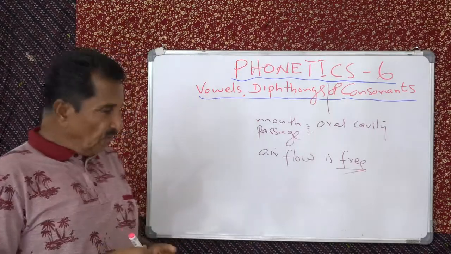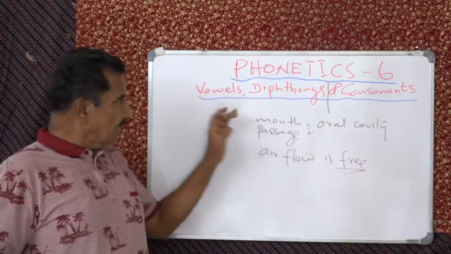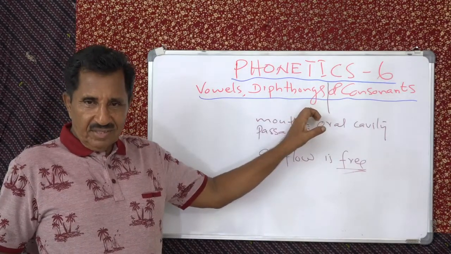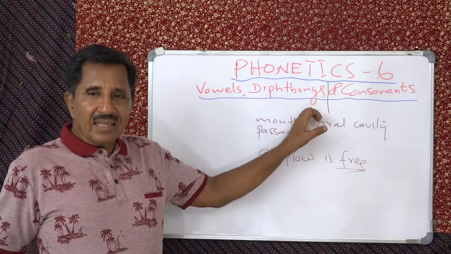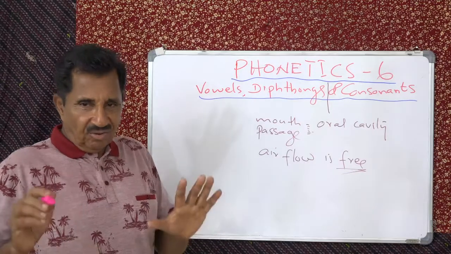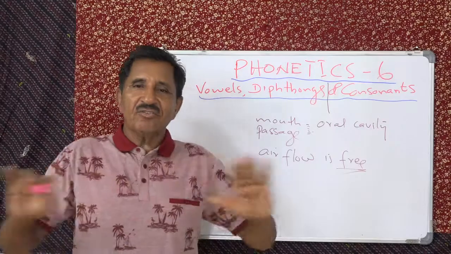The difference between vowel and diphthong is that the airflow is free in both, but here there is only one member, and here there are two members. One is E, the other is A. That's all. Otherwise, as far as the airflow is concerned, free.